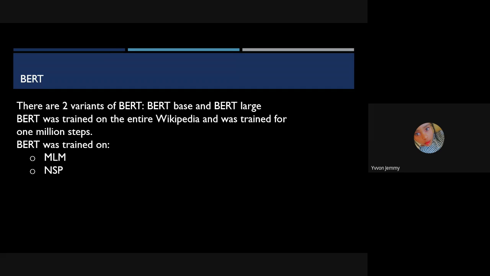That is what BERT was trained on, and that is why it is performing very well. For example, when you go to Gmail and you start typing, it sometimes autocompletes for you, or gives you suggestions on how to complete your statement.